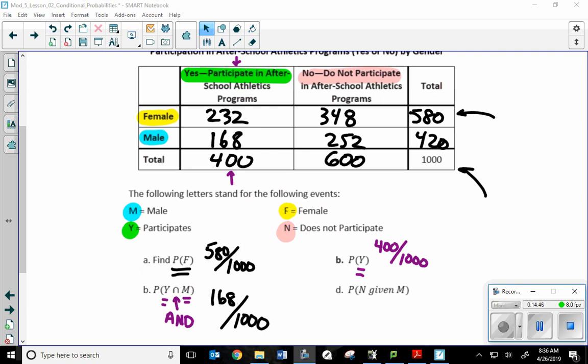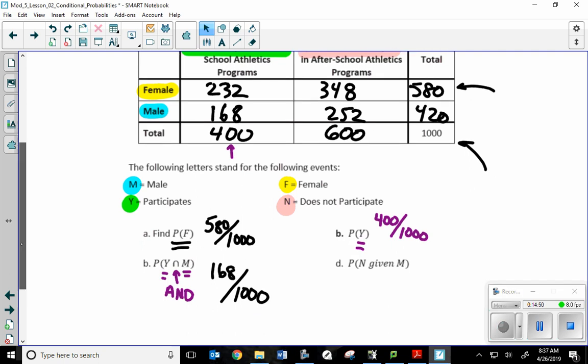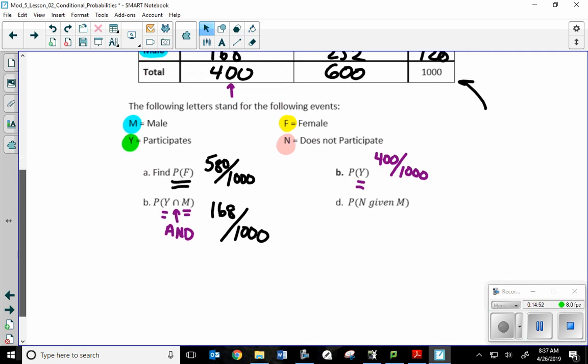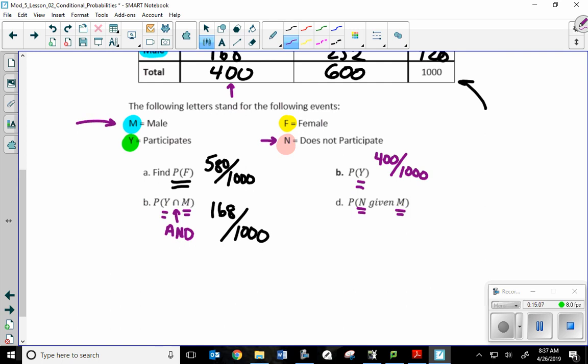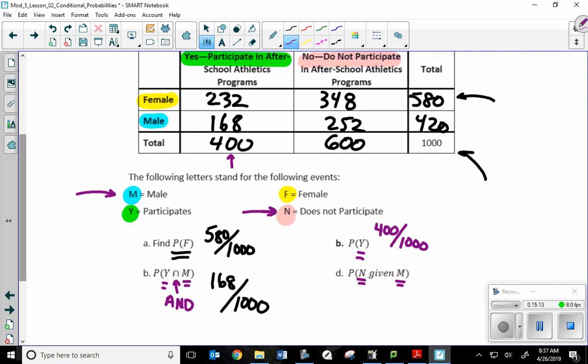And the fourth one, D. All right, given. We have given again. Okay? The probability of someone not participating in sports, given they're male. So out of all the males I could choose from, which of the males do not participate in sports? Using a table to me is a lot easier. So I am given my males.